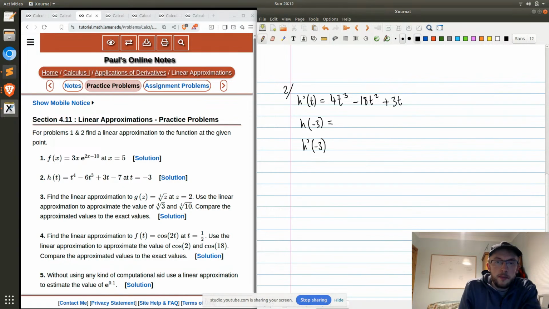Okay, so -3 cubed is -27, times 4, and we get -108. And square -3, and we get 9. 9 times -18 is -162. And then we get -9 there, just like that. Put these together, we get -270, so -279.